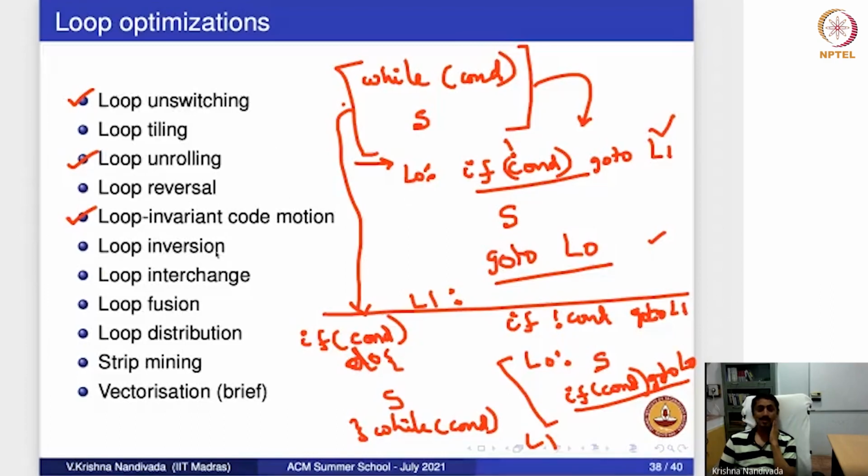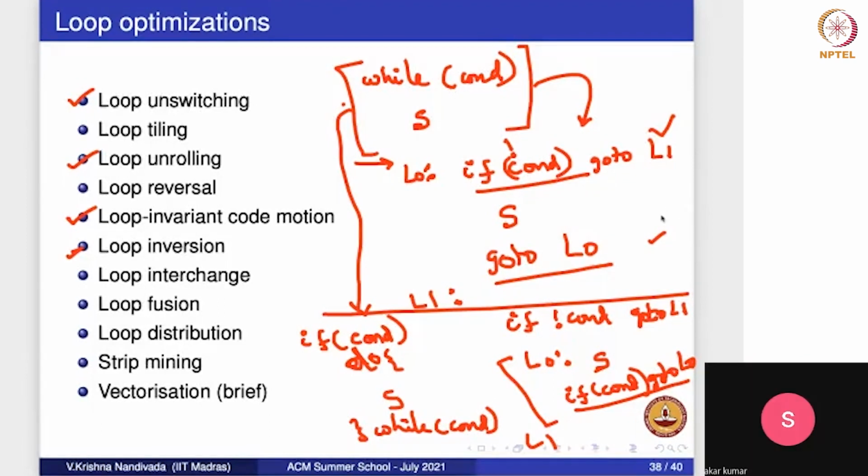So this is called loop inversion. What did I do? I took a while loop and replaced it with a do while loop. Any questions? All right.